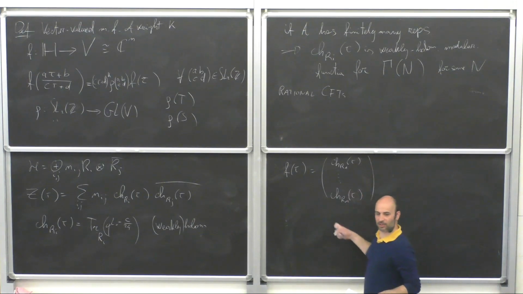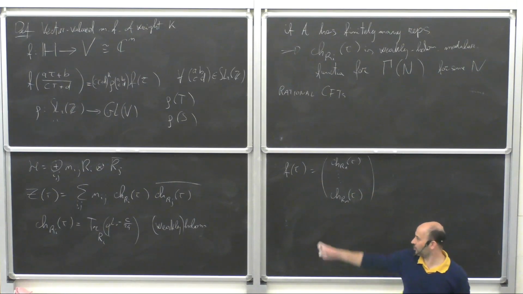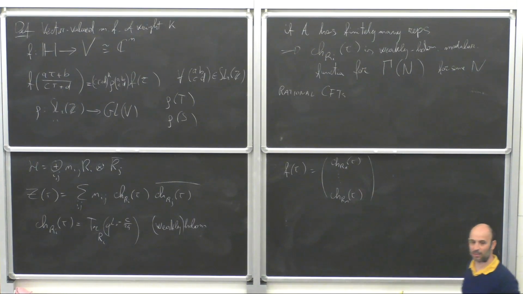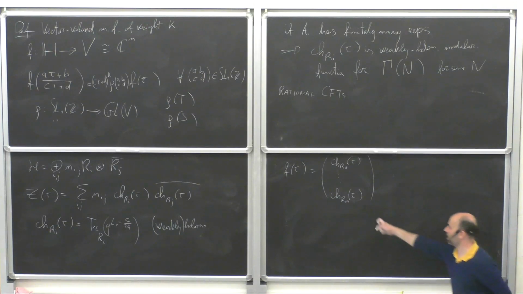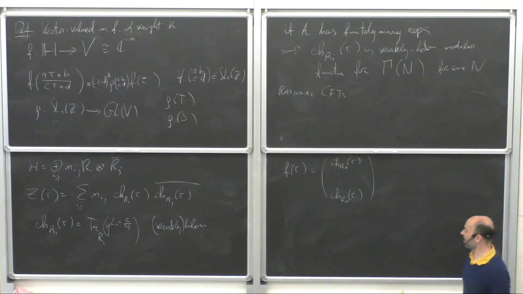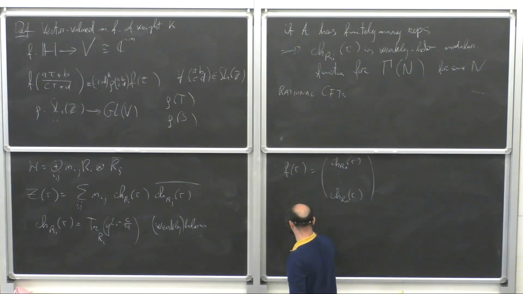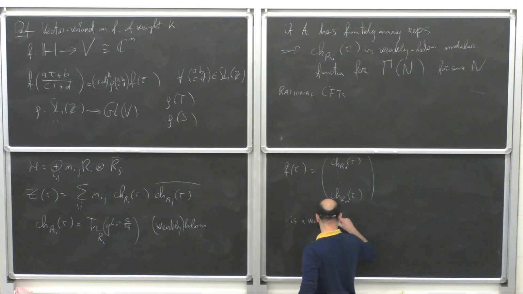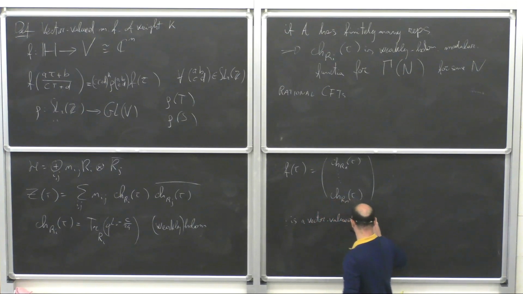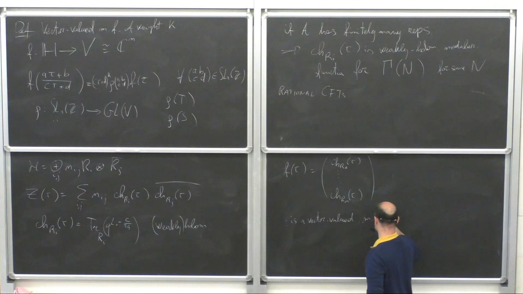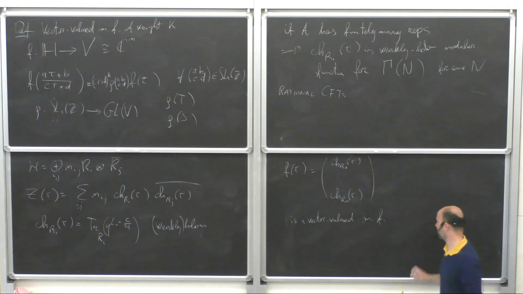So this defines a function from the upper half plane to C^n, depending on how many characters you have. And then this thing is a vector valued modular function, so it has weight 0.